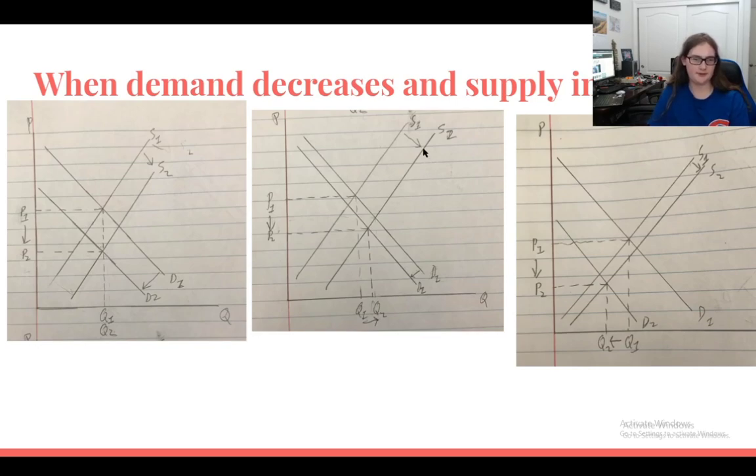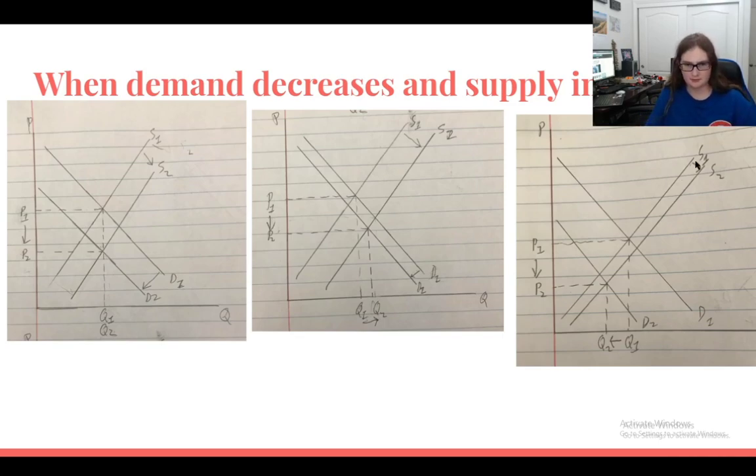In the second graph, supply increased, but demand didn't really decrease at all. So the quantity increased with this one, because of where the last equilibrium is, right here. And then price went down because of where the equilibriums are.